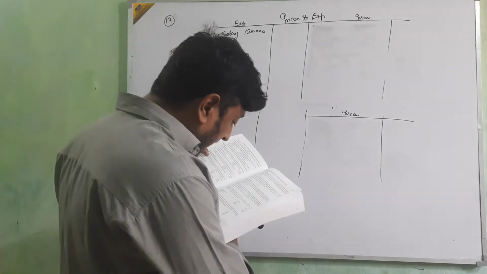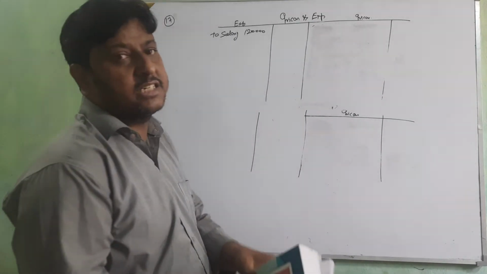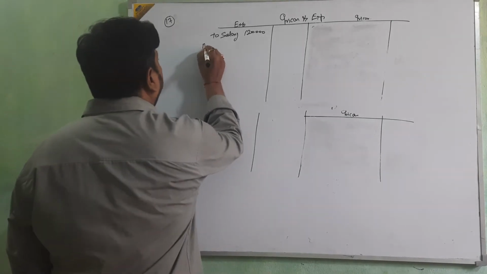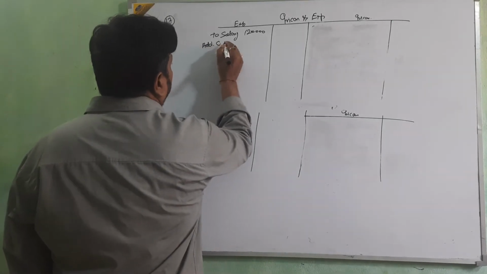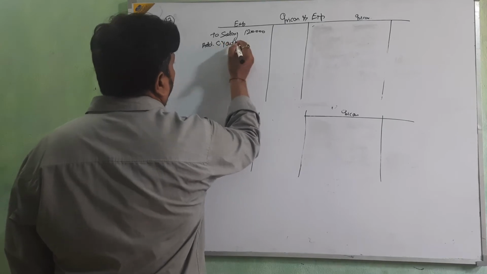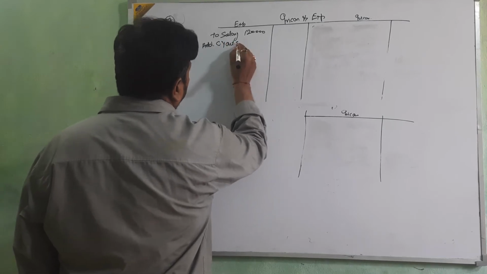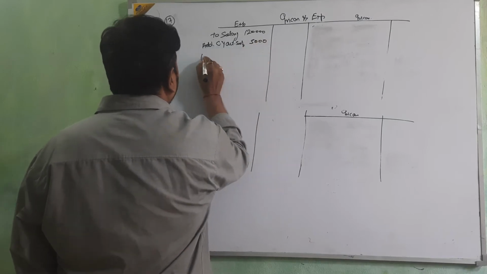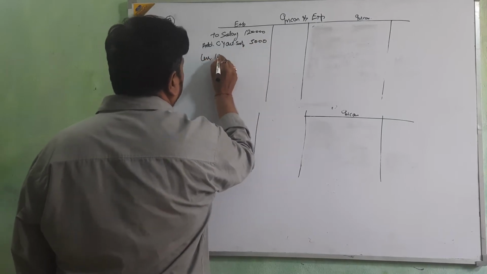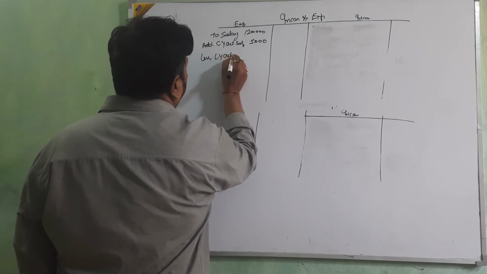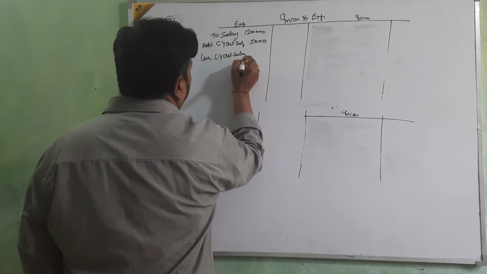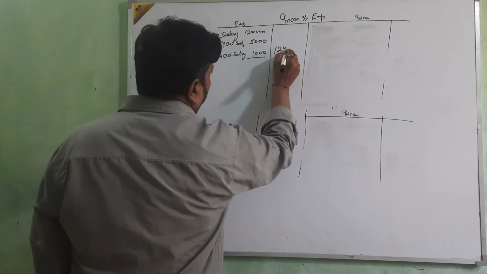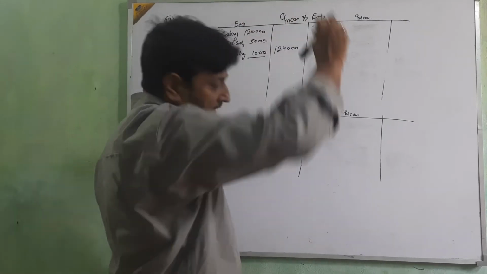So current year outstanding is 5,000 and last year outstanding is 1,000. Then add current year outstanding salary 5,000, less last year outstanding salary 1,000. Then total amount is 124. Okay beta, clear?